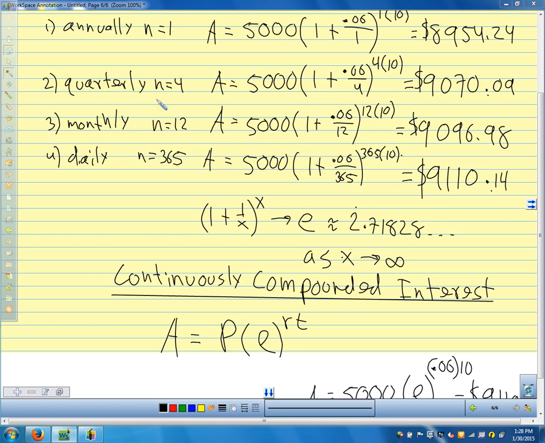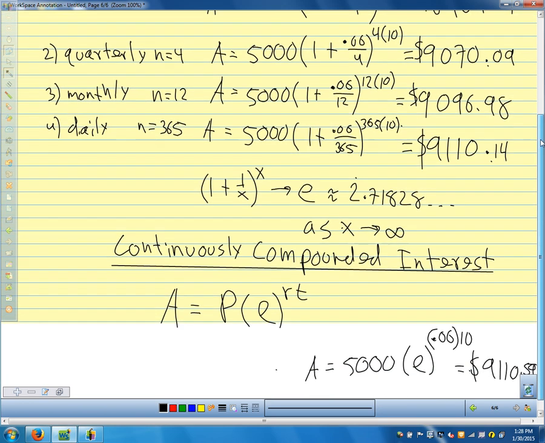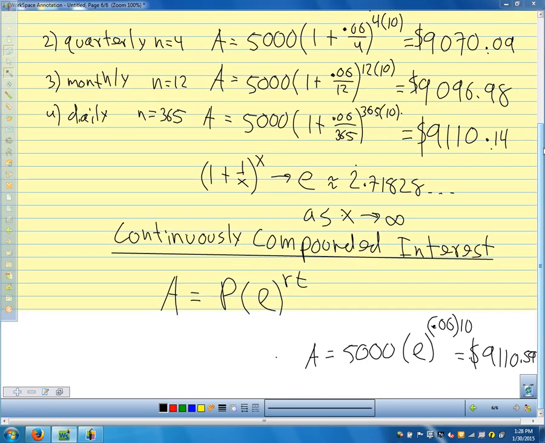So biannually is once every how many years? 2. So what would N be? 1/2. Semi-annually would be twice a year. So if we're compounding semi-annually, we're compounding twice a year. If we're compounding biannually, we're compounding once every 2 years. I think those come up in the homework. Semi-annual and biannual.